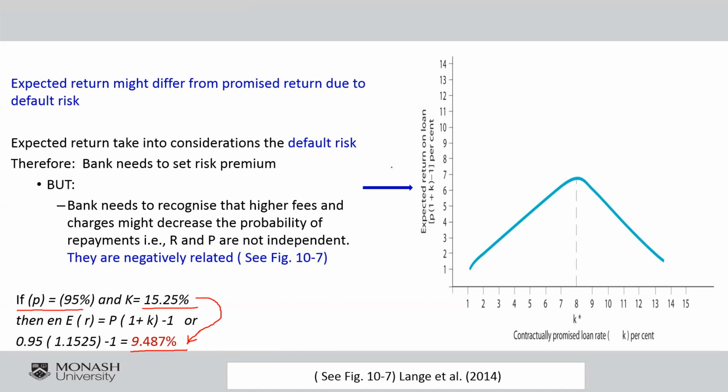So in this case, they will ask for loans and they will accept any rates. So if you think the way we calculate it, you can charge this customer 15%. But actually the expected return, which is this one, will be like this one.